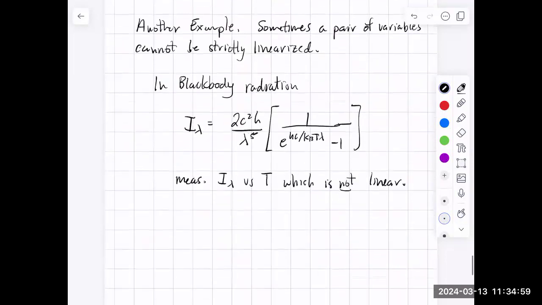Okay, so if you've done the black body radiation experiment, you know that we analyze it with a linear fit. And in this case, what we have to do is make an approximation.